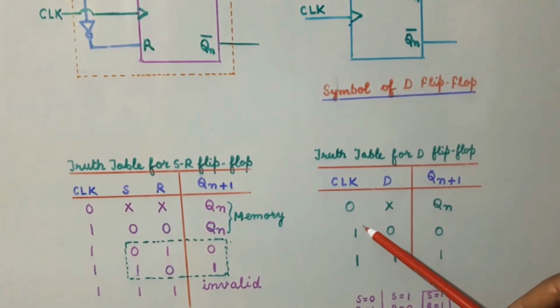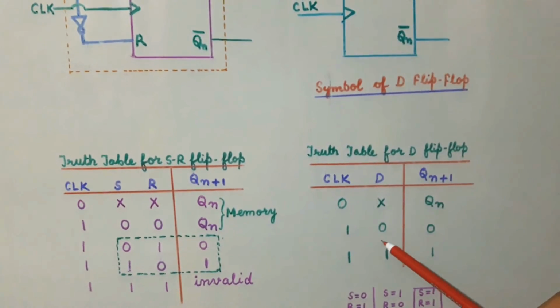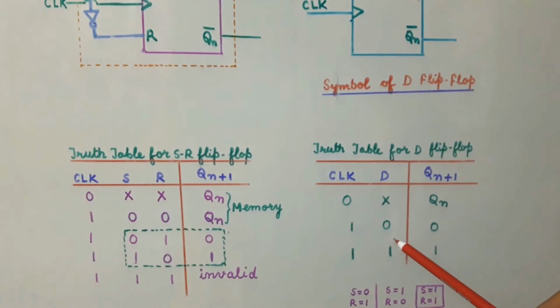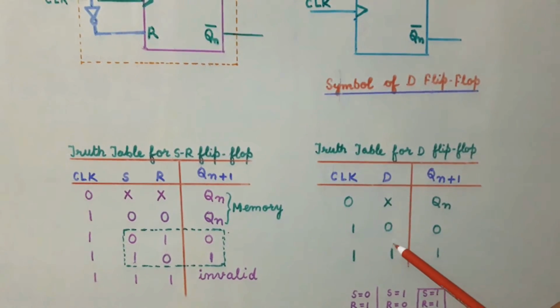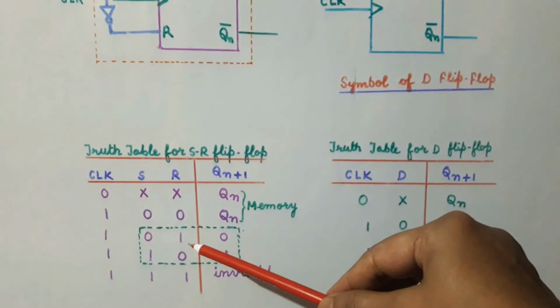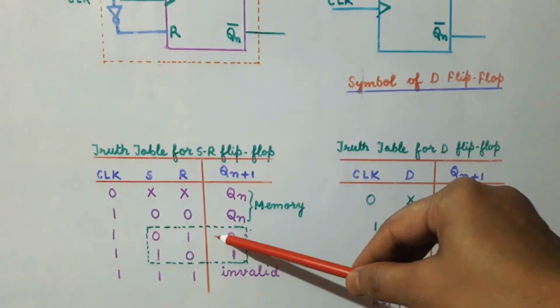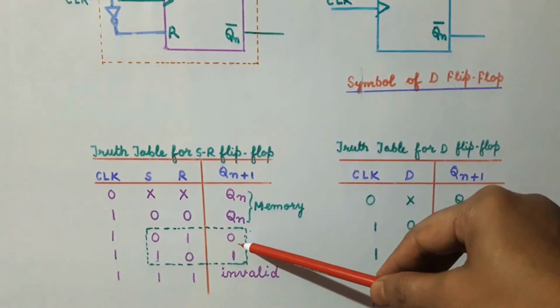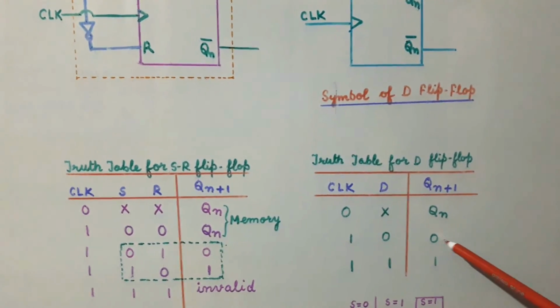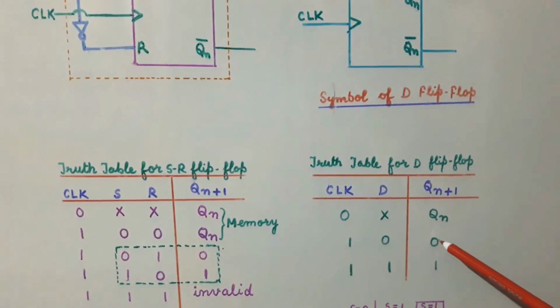Now, when the clock is high and the value of D is low, it means that S is 0 and R is 1 for this particular case. So in this case we find that the value of Qn+1 will be equal to 0.